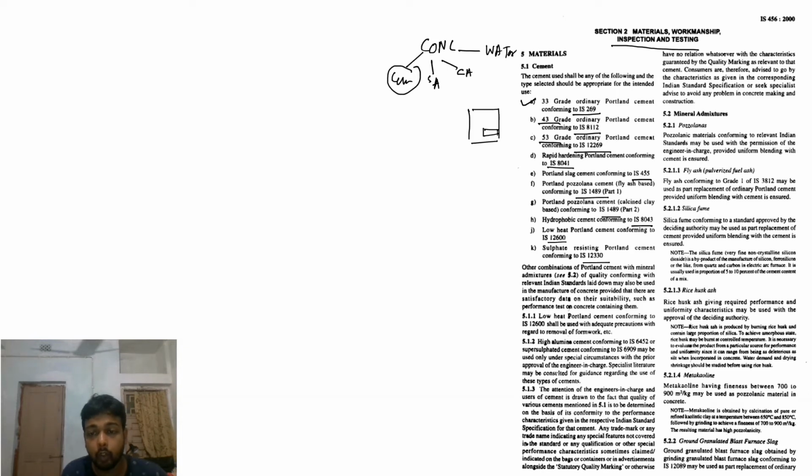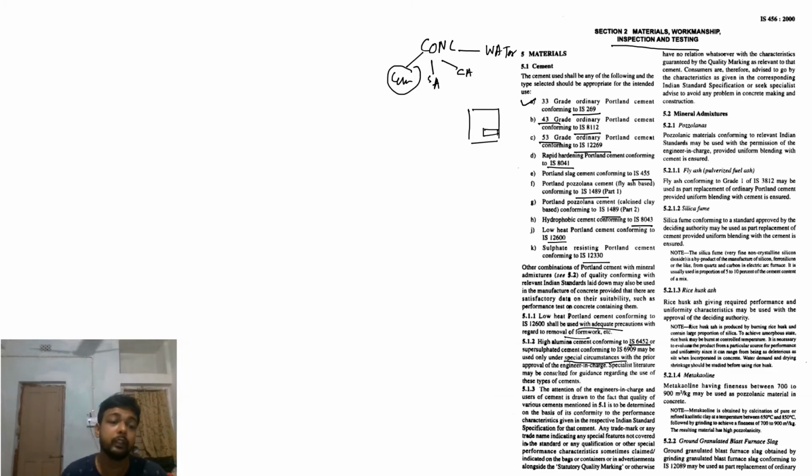Low heat Portland cement conforming to IS 12600 shall use adequate precaution with removal of formwork. So when you work with low heat Portland cement, you should take some precautions in the removal of formwork. High alumina cement conforming to IS 6542 or supersulfated cement conforming to IS 6909 may be used only under special circumstances.